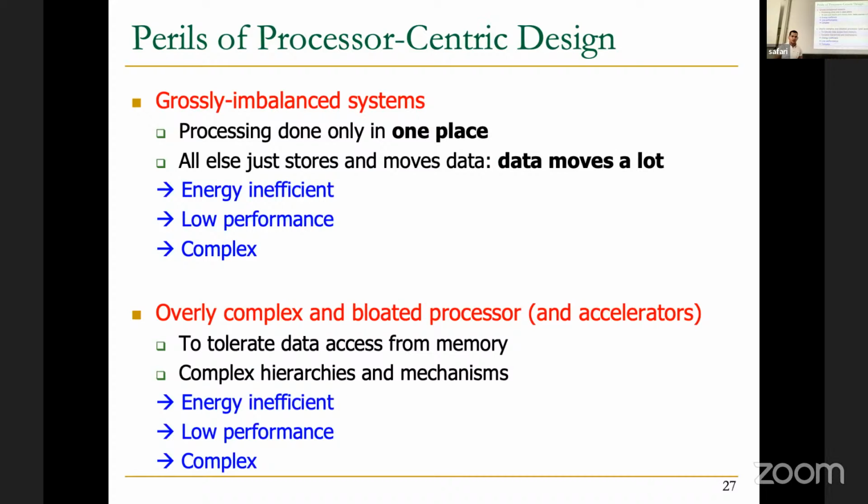So what is the main problem that we are seeing here? Again, it is this imbalance that we have in the system with the von Neumann architecture, which is causing problems in terms of energy efficiency, performance, and complexity in order to design efficient systems today.